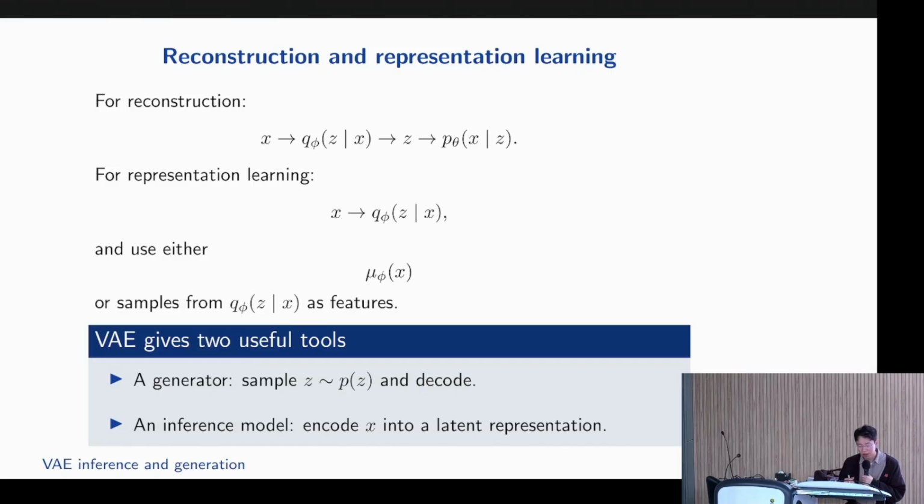After having learned VAEs, you can apply them to other tasks, not just generation. Same as for AEs, you can start from X, pass it through the encoder, and then pass it through the decoder again.